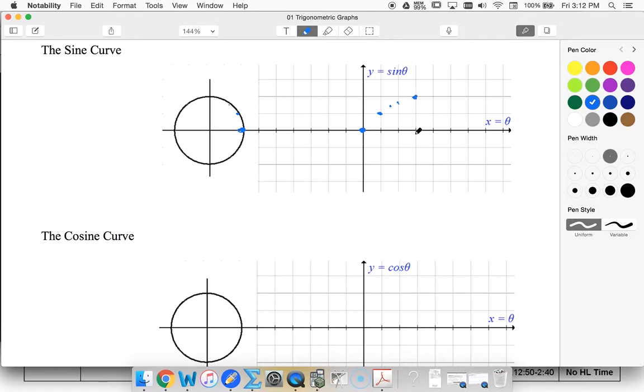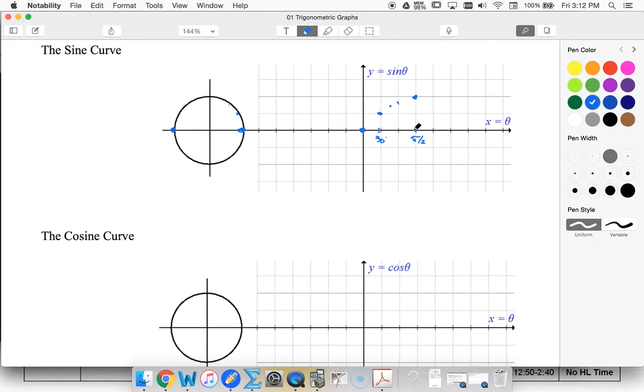So we get back to 0 when I come to 180 degrees, or that is going to be pi radians. So if we're counting each one as 30 degrees or pi over 6, I can label this one pi over 2.